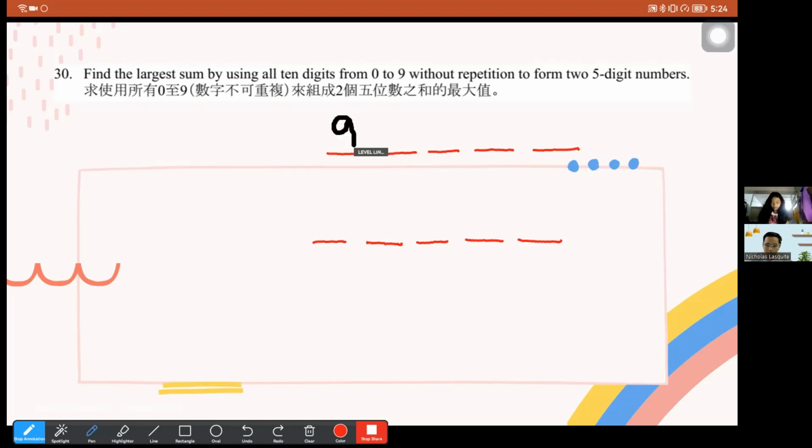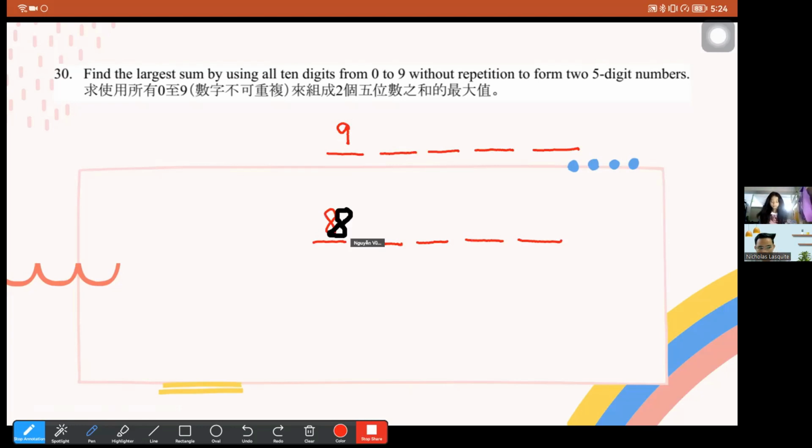If it's the largest sum, then the 10,000s digit should be the highest also. So one is 9, then the other one should be 8.